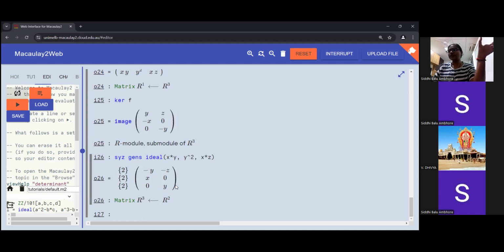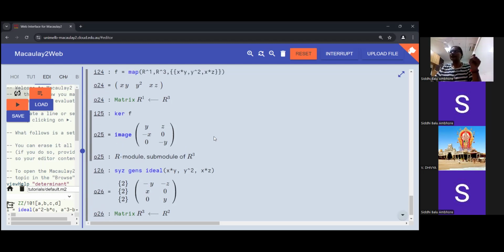When I have this 3 cross 2 matrix, it works like this: if I have my generators f1, f2, f3 of I, minus y f1 plus x f2 plus 0 f3. And the second CGG equation is minus z f1 plus 0 f2 plus y f3. Those two equations are just represented here in matrix form.